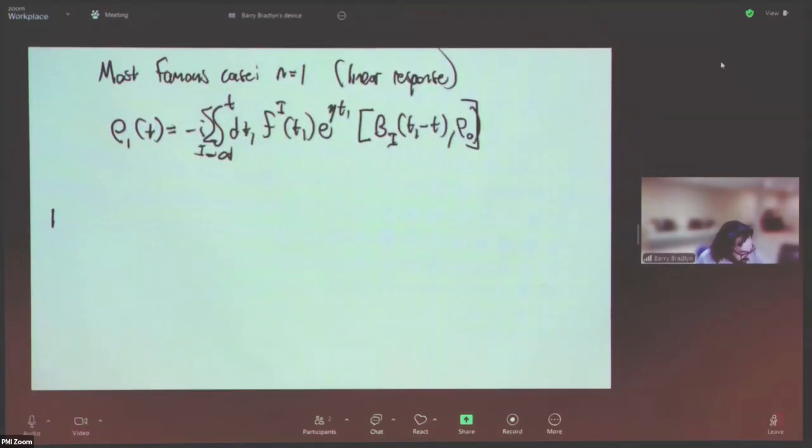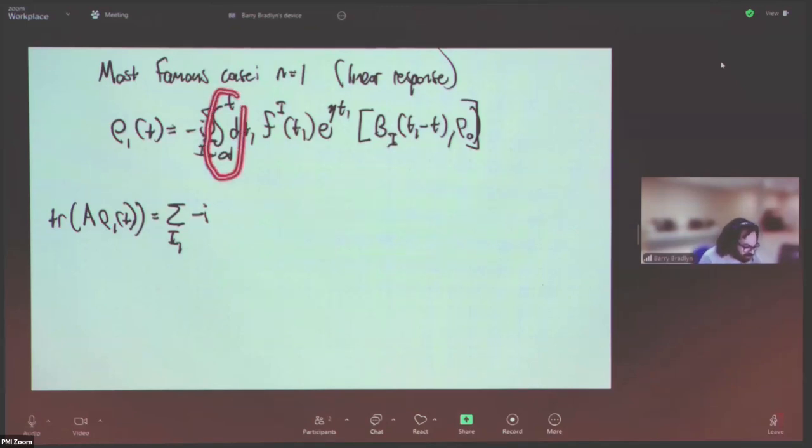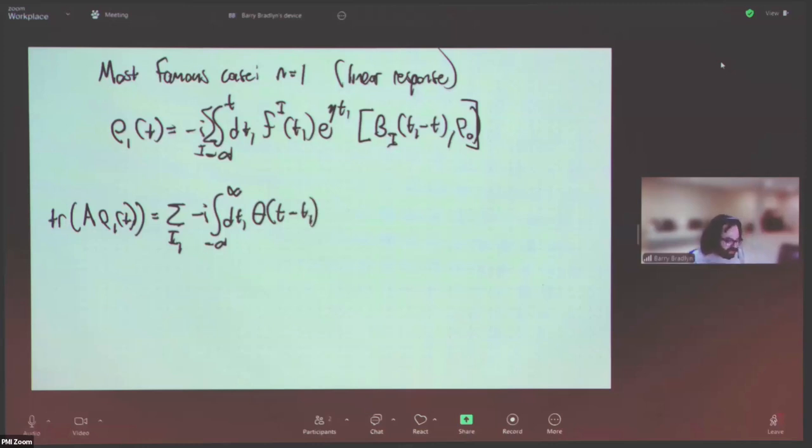So trace of A with rho 1 of t, sum on I1 minus I. Okay, we have an integral here from minus infinity to t, which I can write as an integral from minus infinity to infinity by introducing a step function, theta of t minus t1, where theta is the step function. It's 1 if its argument's positive, 0 if its argument's negative.